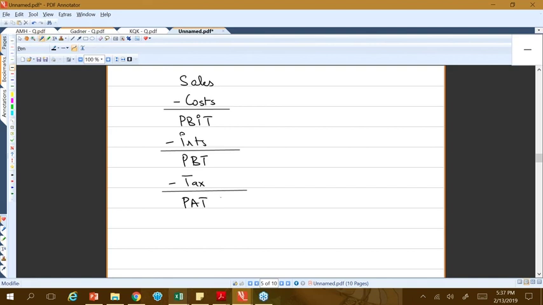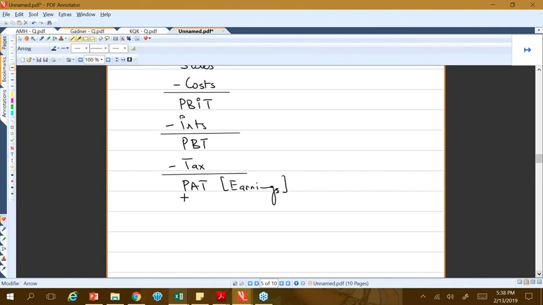Now this profit after tax, another name for that is earnings. This is also our earnings. Now once I've got the profit after tax, it has got two parts. The first part is paid out as dividends, and the remainder is retained earnings.